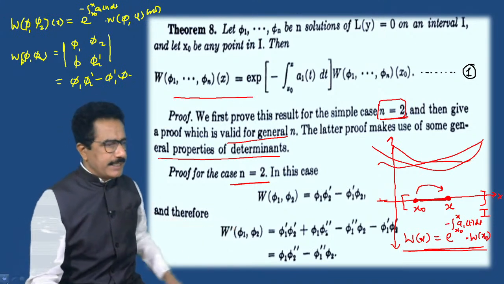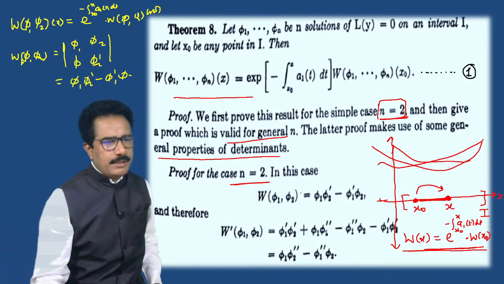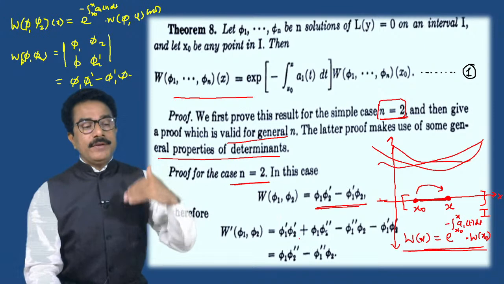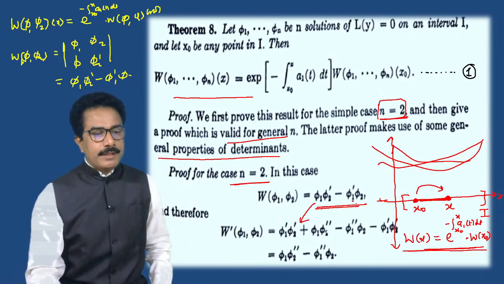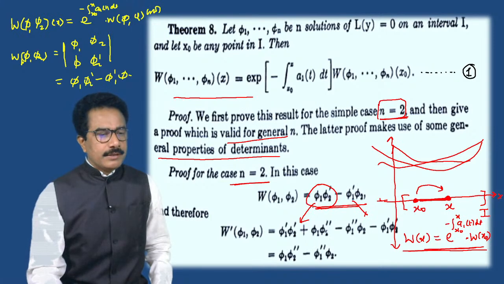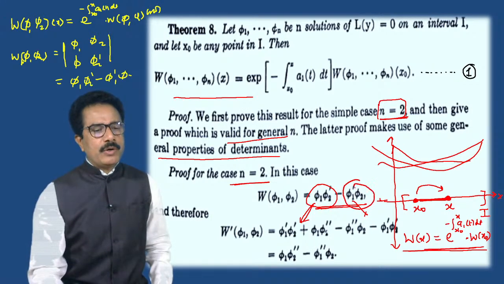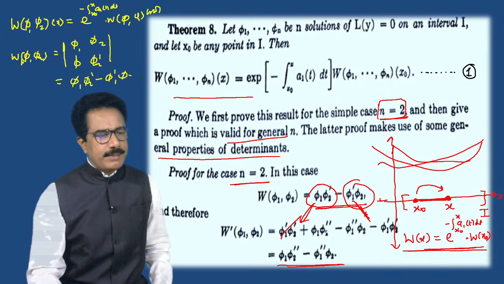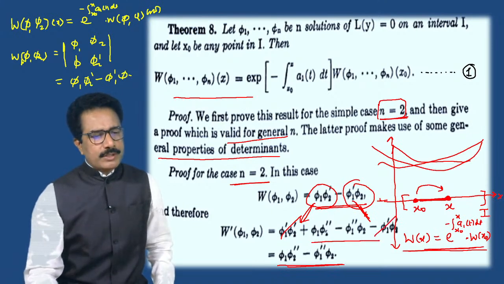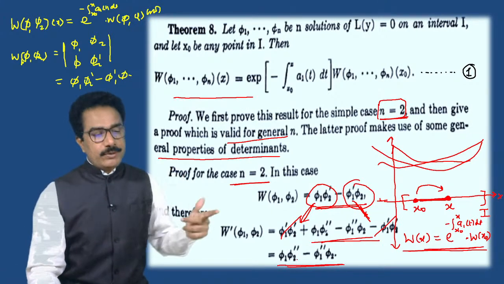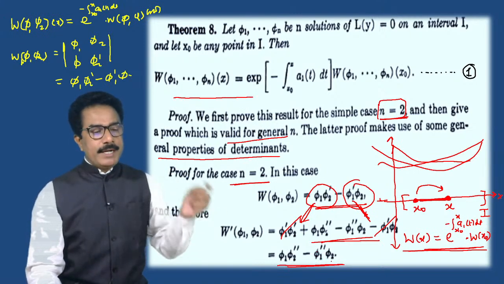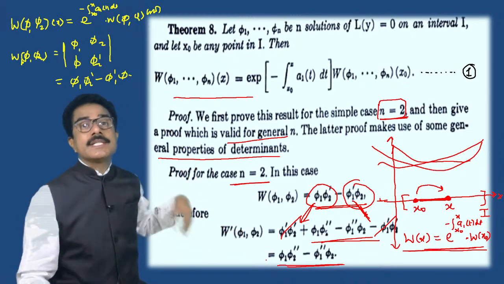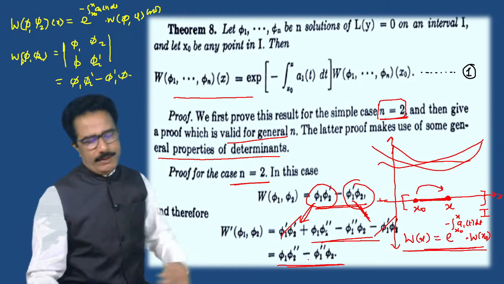Now if we differentiate this Wronskian again using the product rule, the derivative of this term is this, and the derivative of this term is this. So this term and this term get cancelled. Both remaining terms give phi1 phi2 double dash minus phi1 double dash phi2. This is the Wronskian dash, the derivative of the Wronskian of phi1 phi2.